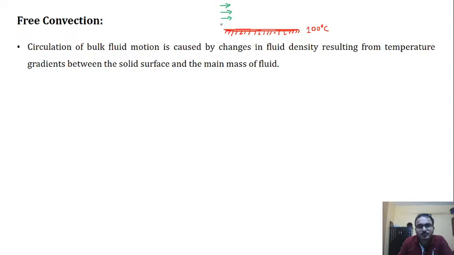So this will be the flow of air over this heated surface. There will be a circulation of bulk fluid motion, caused by changes in fluid density resulting from temperature gradient between solid surface and main mass of fluid. And here the temperature of air, let us consider to be 25 degrees Celsius. So there is a sufficient difference in temperature, and because of that there will be some changes in the density that we will see.